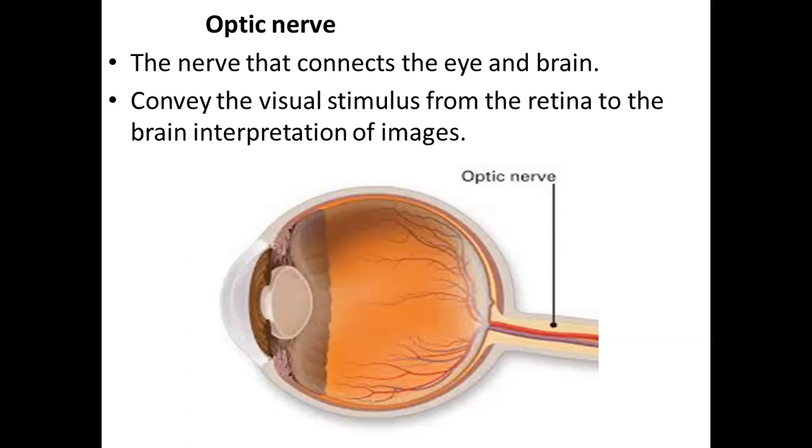The optic nerve, the nerve that connects the eye and brain, conveys that visual stimulus from the retina to the brain for interpretation of the image.